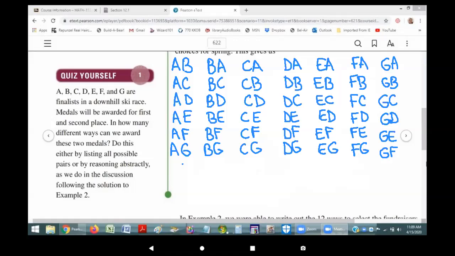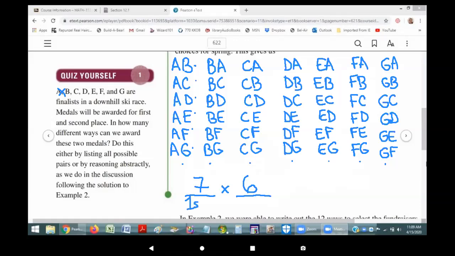We have 1, 2, 3, 4, 5, 6, 7 groups because there were 7 ways to award the first place. And in each choosing of a first place winner, we have 1, 2, 3, 4, 5, 6 possibilities, because after one person wins, there's only 6 possible possibilities for second place.